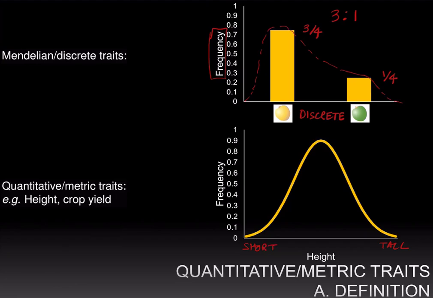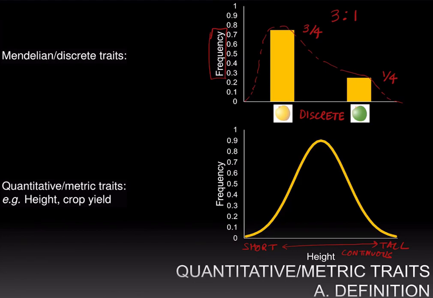Actually, human height varies over a continuous range of values. So human height is not discrete, it is continuous. And such traits that vary continuously over a range of values are called quantitative or metric traits.